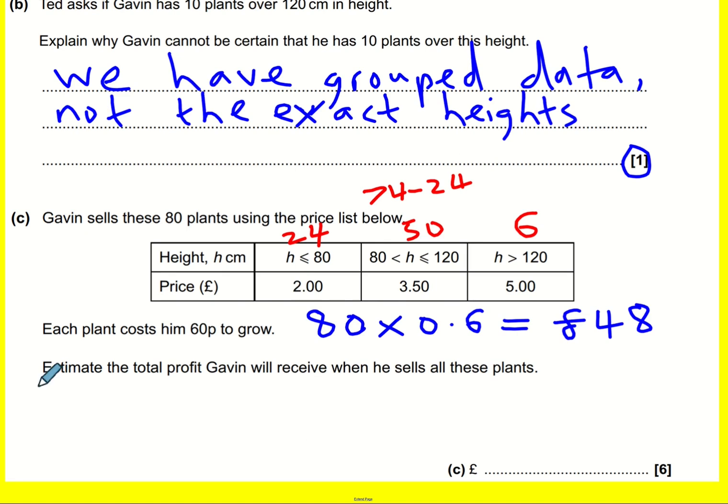Okay, so the profit is going to be approximately, because we're only estimating here because this graph is not exact. We're using a grouped frequency table. So I've got 24 plants that were sold for £2 each.